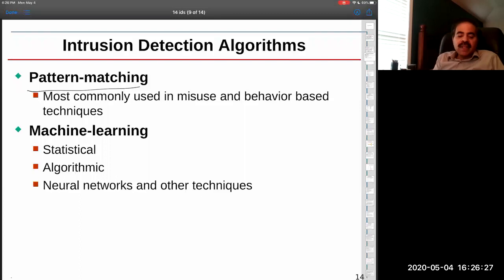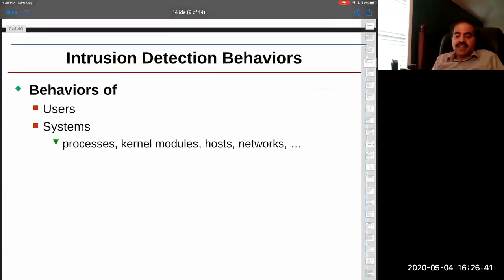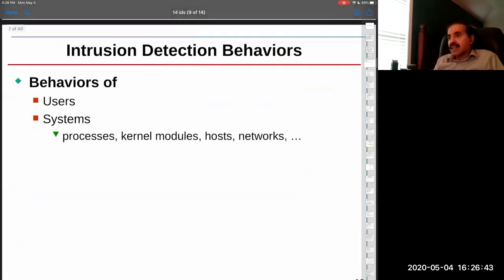And therefore, whenever we use machine learning techniques, we need to be using techniques that are robust against adversaries, right? So adversarial machine learning is a whole new area that's under active research these days, and it's basically that kind of machine learning that should be used in the context of intrusion detection.